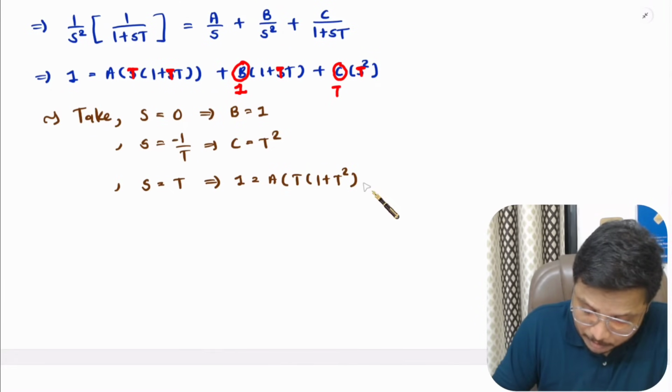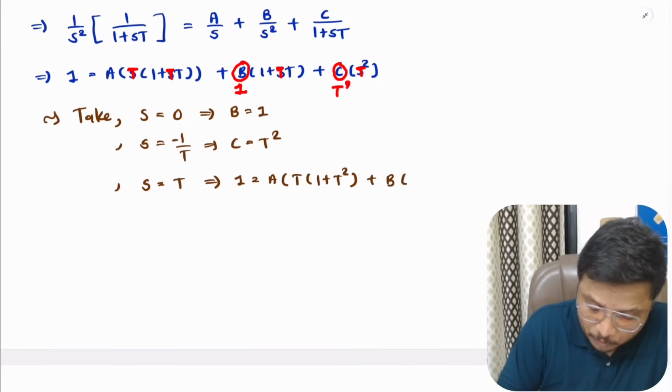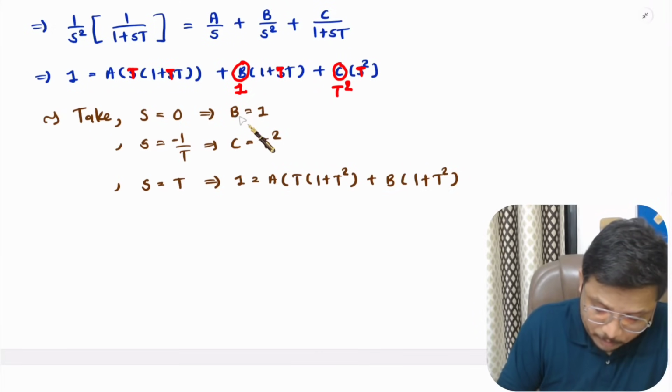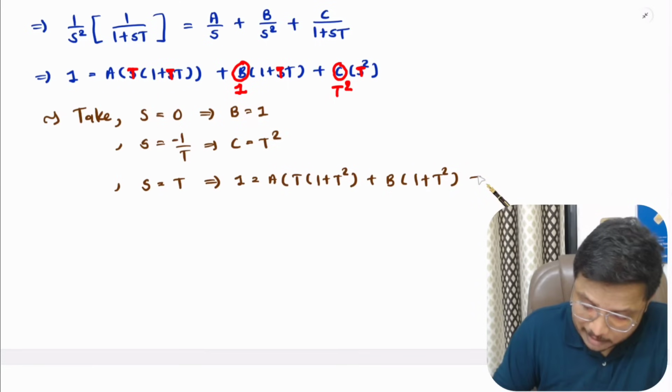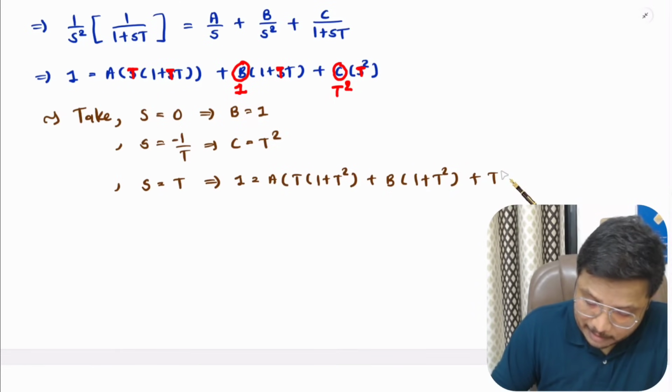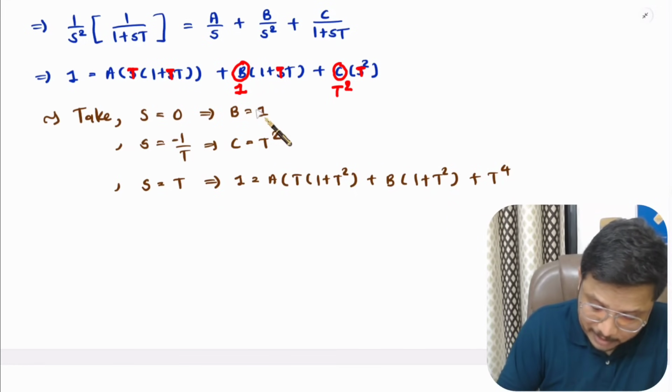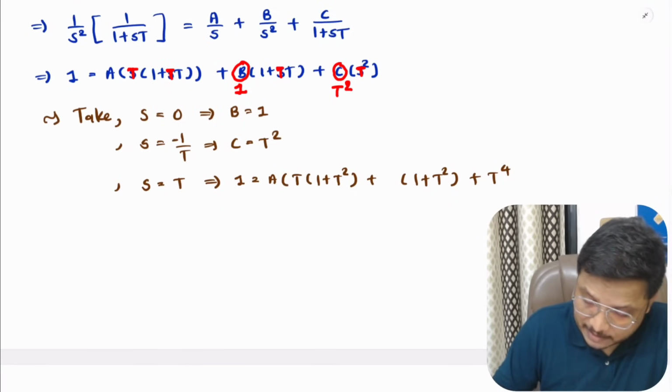Here we have plus B into 1 plus ST, so 1 plus T square will be there with us. And with C, here we have T square already, and S square is T square, so this will be T raised to 4. And this B is 1, so let us place B equal to 1 over here.